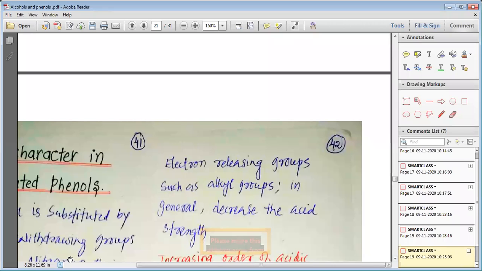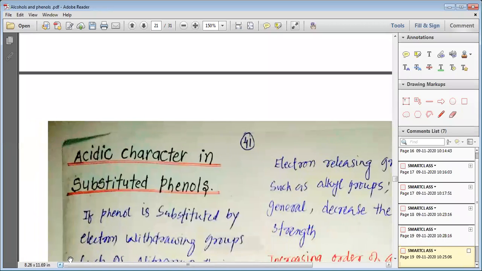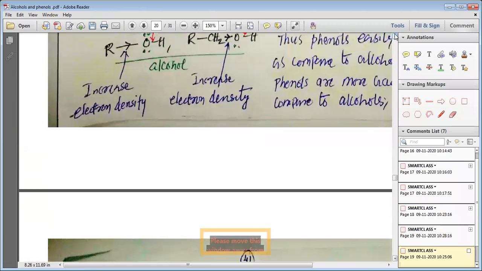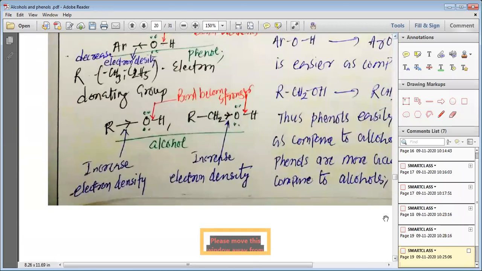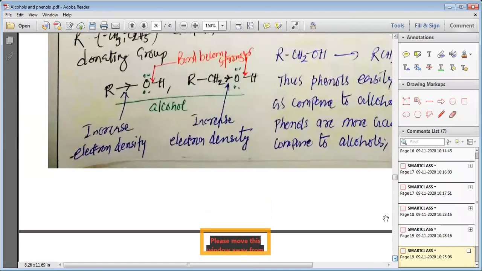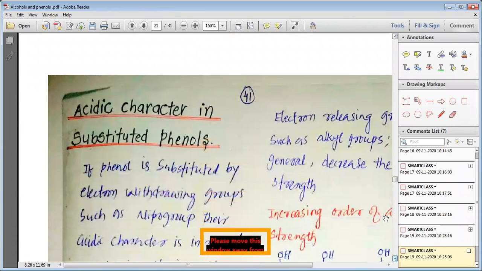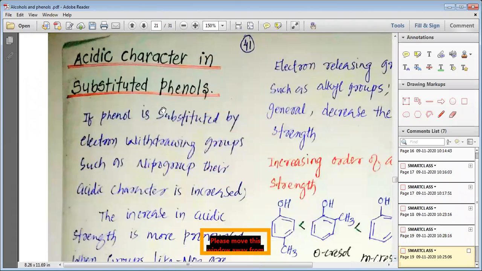So, my dear students, that was the discussion about the acidic character of phenols and alcohols, and their electrophilic and nucleophilic reactions. Now, my dear students, we are going to study the acidic character in substituted phenols.